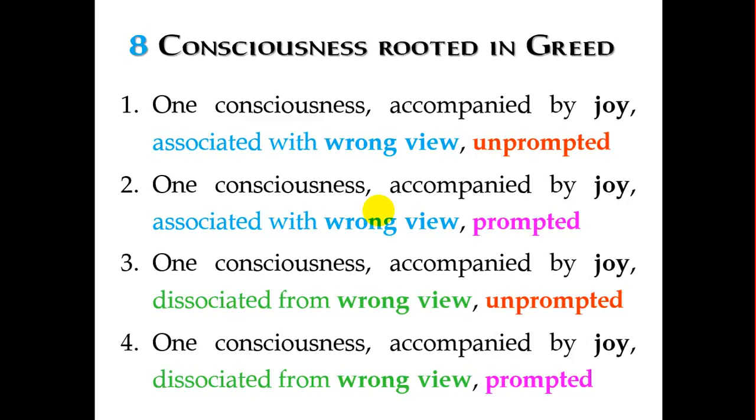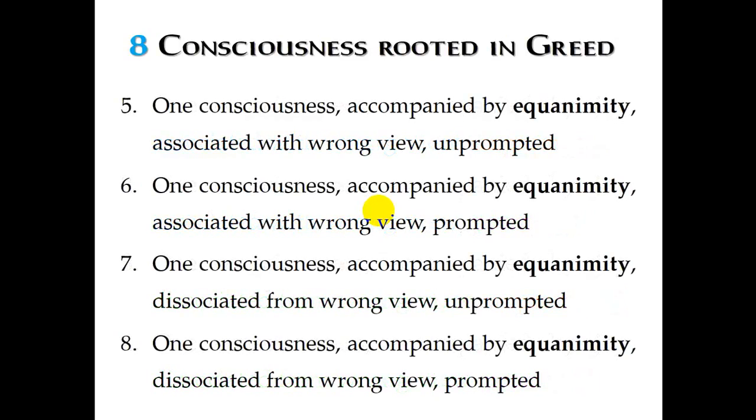How about number 5? Number 5 is one consciousness accompanied by equanimity. Here, with equanimity, which middle factor will you exclude? Joy, right? Before we had 90 middle factors. If we exclude joy, how many are left? 80, right?